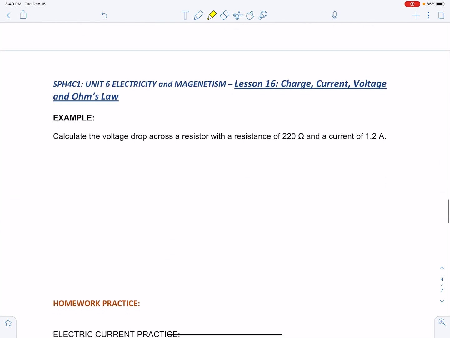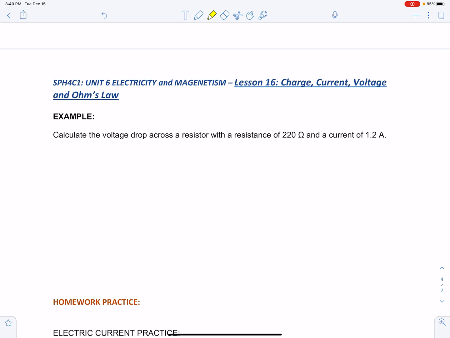Let's do an example. Calculate the voltage drop across a resistor with a resistance of 220 ohms and a current of 1.2 amps. So in this question, we are given a resistance of 220 ohms and a current of 1.2 amps.